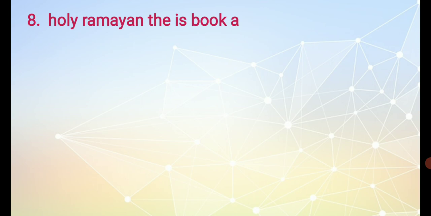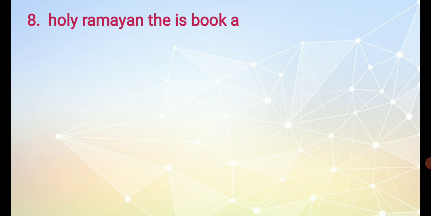Let's move on. The next sentence, "Holy Ramayan, the is book a." Now just think about it. What is the active part? What are we talking about in the sentence? Book. Yes, book.